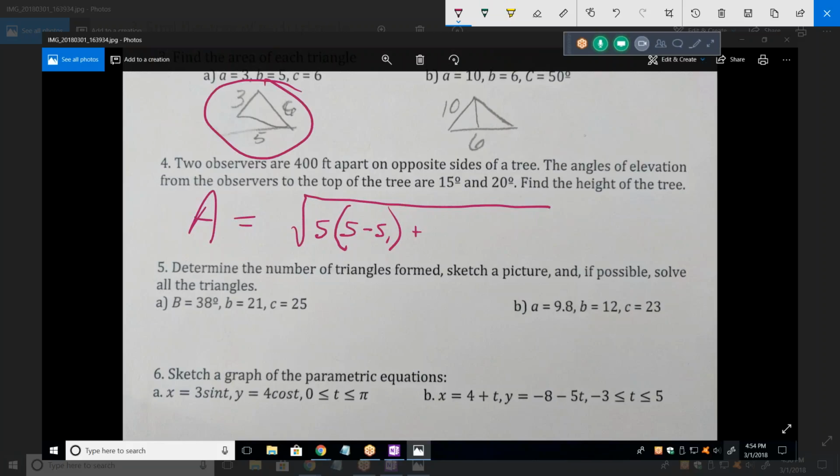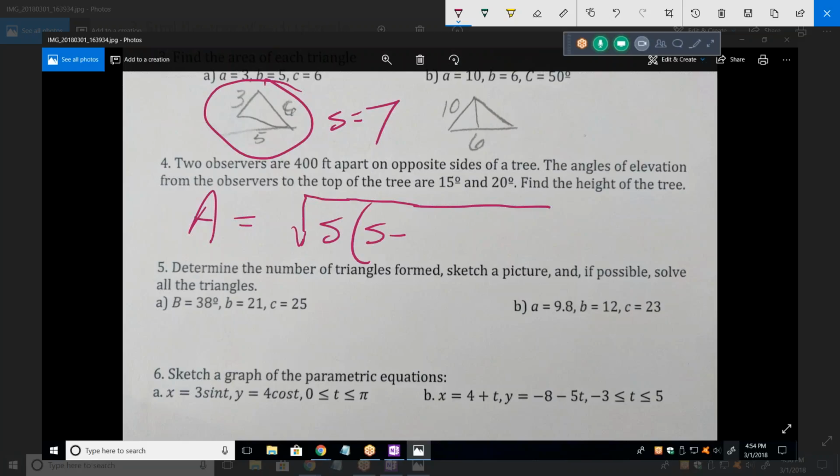That perimeter is 14, so S is going to be 7. What's the rest of this inside the square root? It says the square root of S times S minus A times S minus A. Oh, S minus side A.